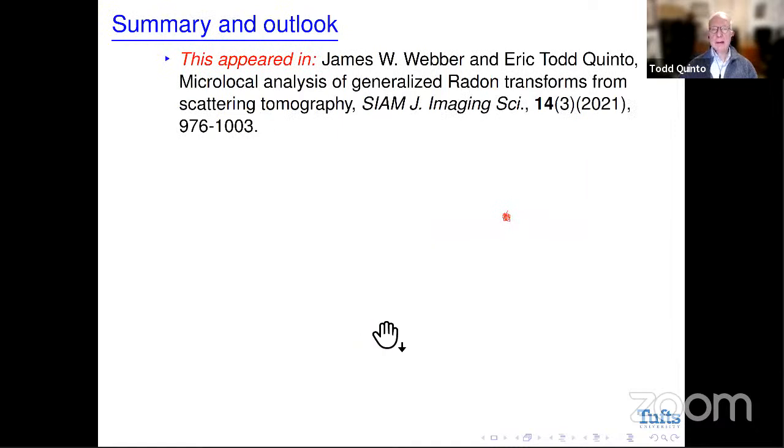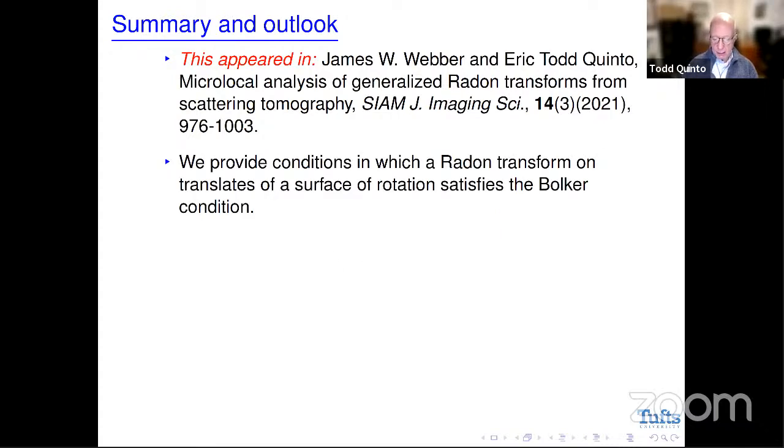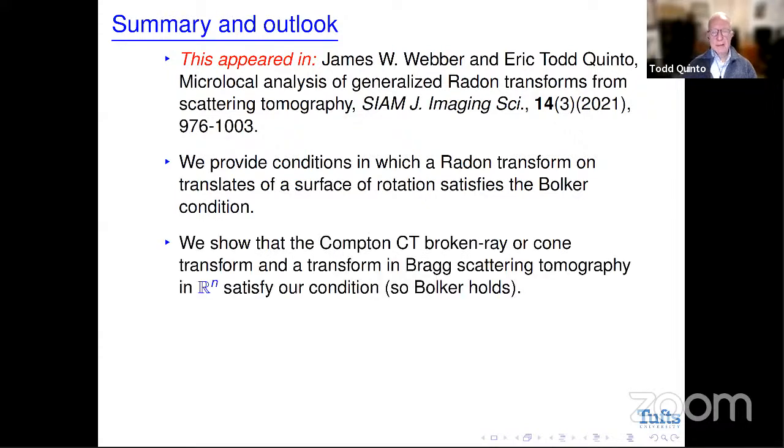Okay. Great. So this appeared in SIAM this year, just a little bit ago. And in the article, we provide conditions in which a Radon transform on translates at the surface of rotation satisfies the Bolker condition. So it applies to many other things besides the two practical examples. And we show that these Compton CT and Bragg CT satisfy this.